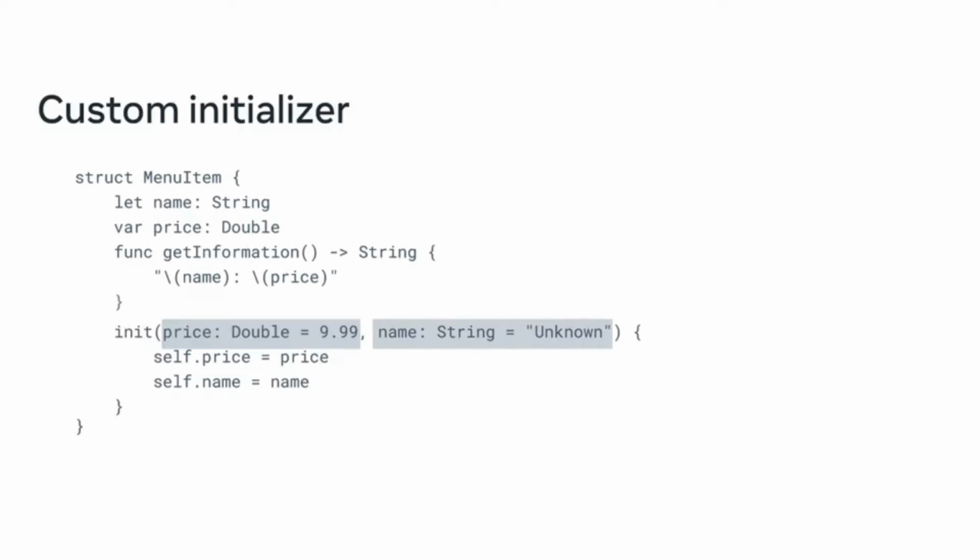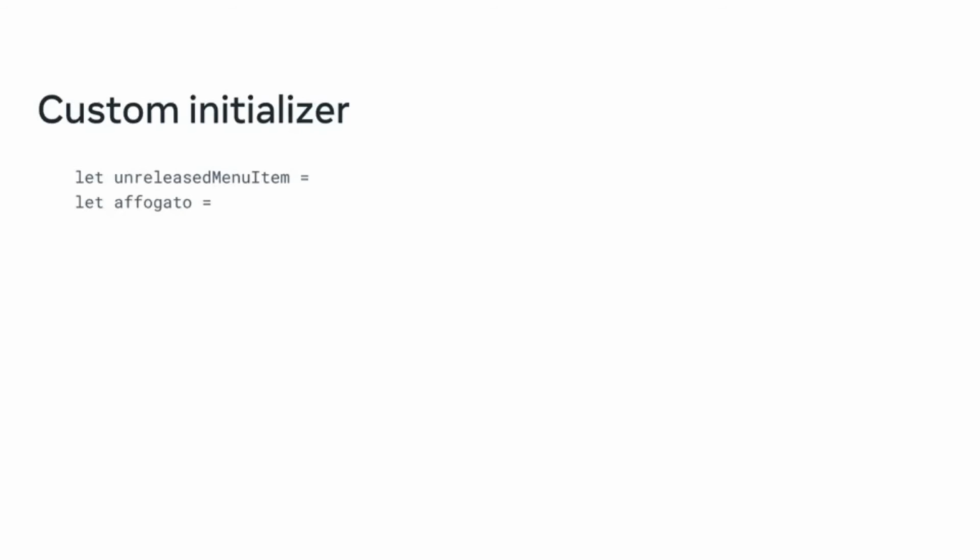for the name parameter. Next, let's explore an example of the different ways to create a struct instance with the custom initializer. Suppose you have an unreleased menu item, affogato, priced menu item, and super spaghetti struct instances. For the unreleased menu item, you do not pass in any parameter value and you use both initializer default parameter values.